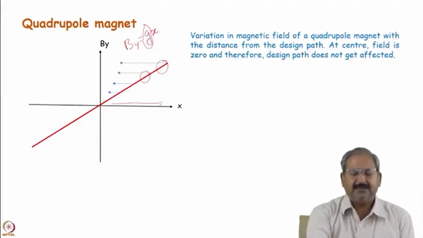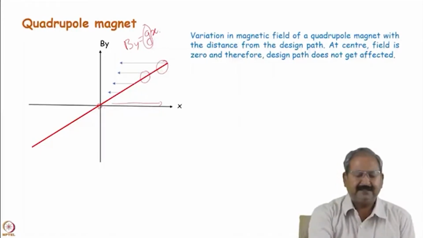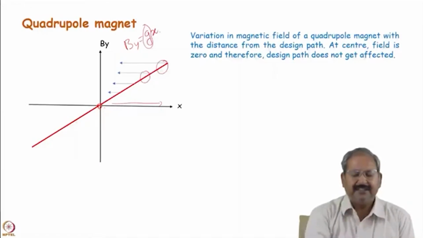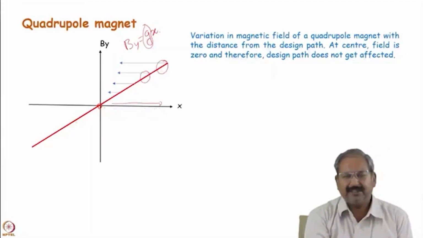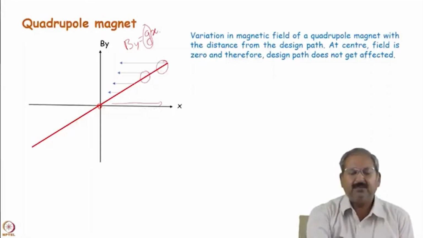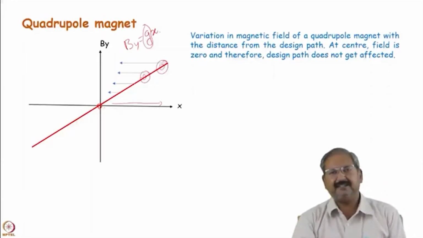So as we go further and further from the design axis, which is x equal to 0, y equal to 0, the origin, here is the design axis coming out of the screen, and if the particle is deviated along the x-axis, the more deviated particle feels more force, meaning more bending, and it is the desired characteristic of focusing.